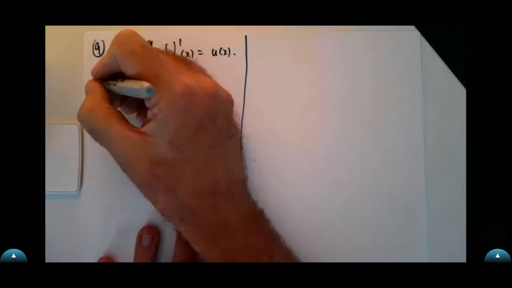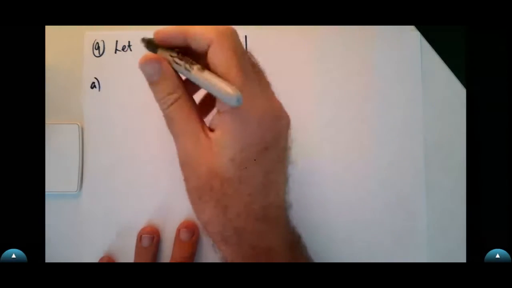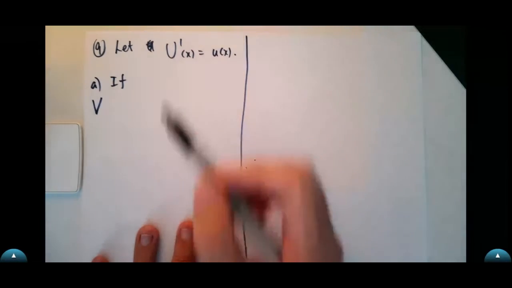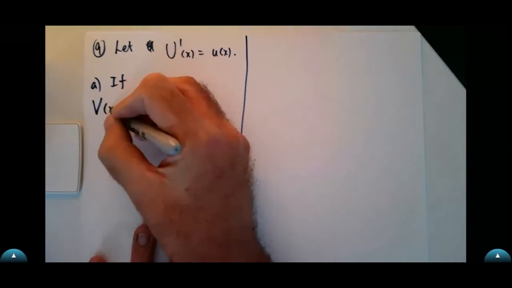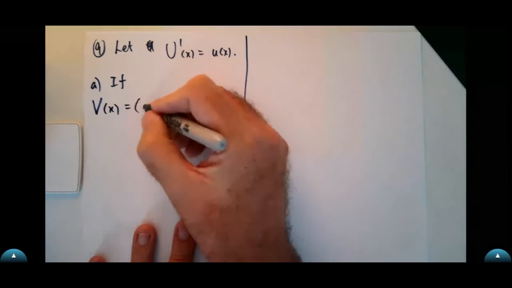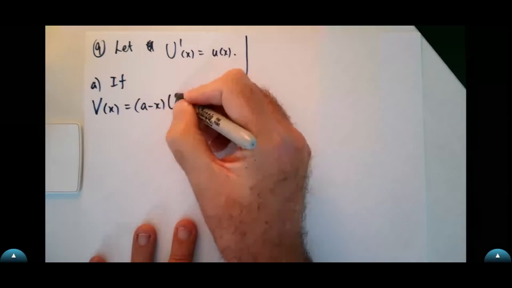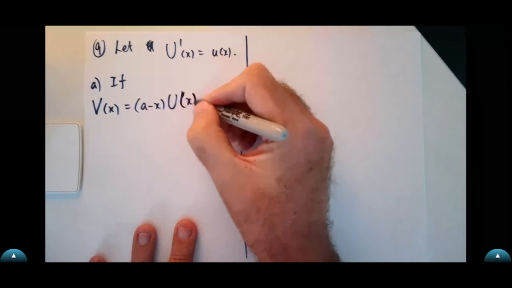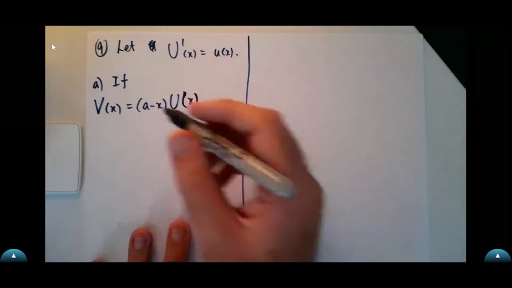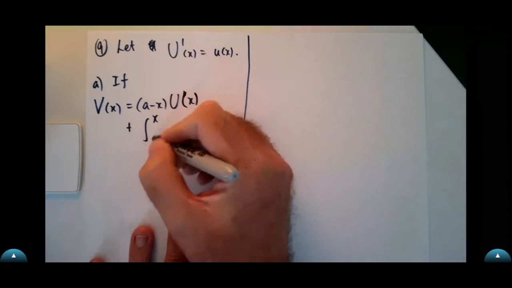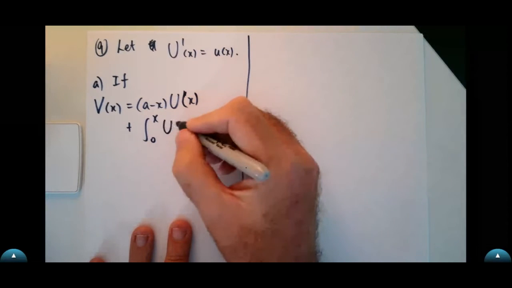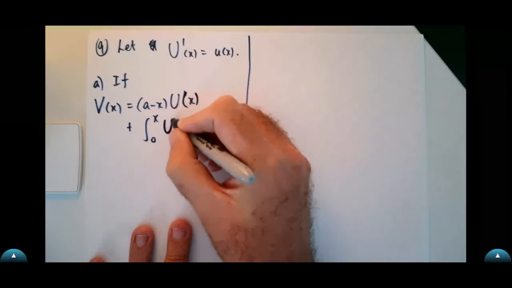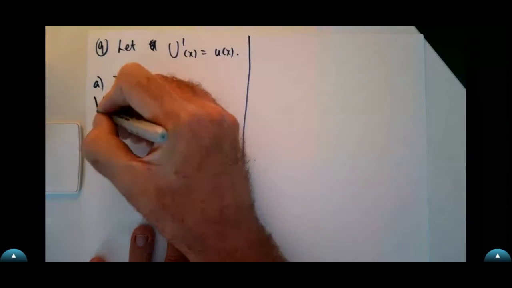And I'll do V a little bit differently. So I'll make that a bit sharper than that one. Oh, that's X. That's not a dash. That's just big U of X. Okay, so that's a U. That's a V.